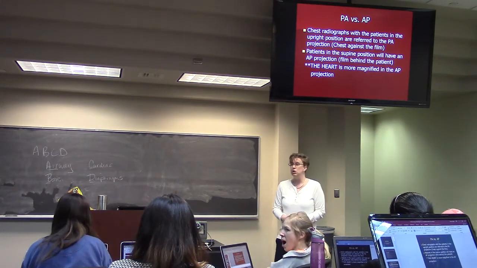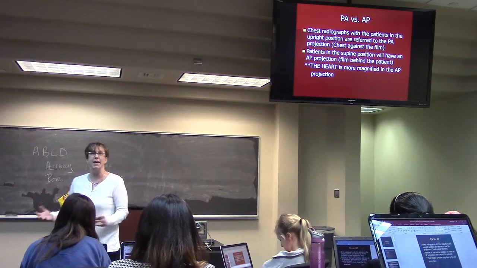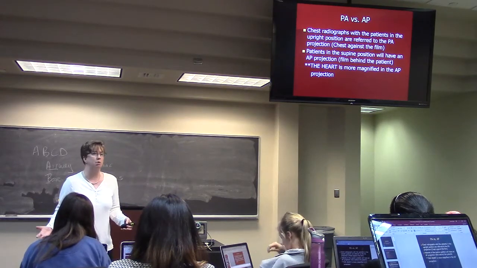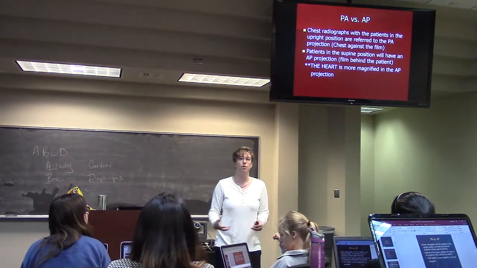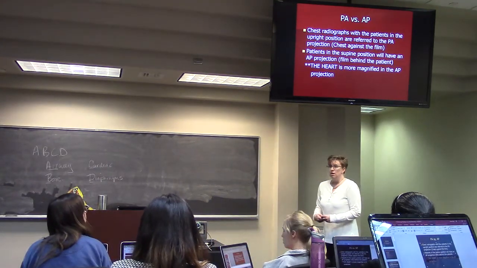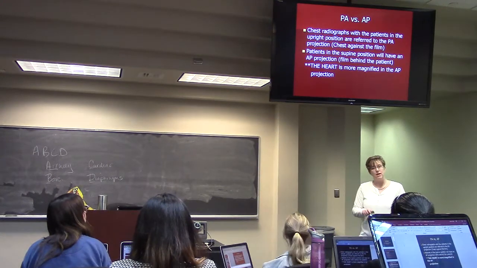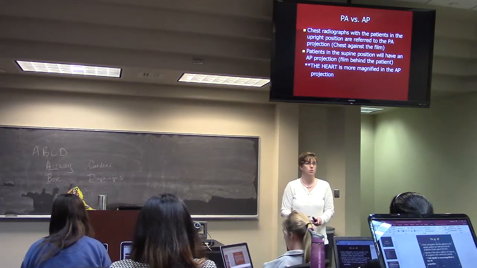Okay? And usually when you get an AP image of the chest, it is because they can't stand up. So those are sick people. Those are people that are in a hospital bed, and they can't stand up for you. And in a moment it's going to make sense, but it looks like they have an enlarged heart, and an enlarged heart tells us a lot on our chest x-ray.